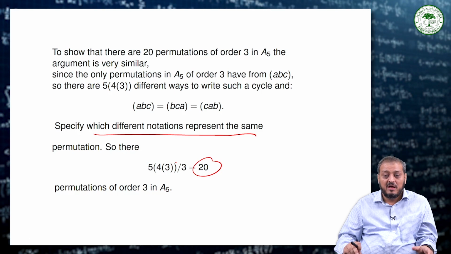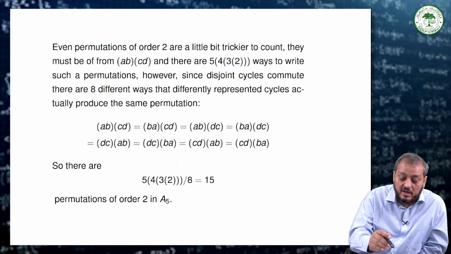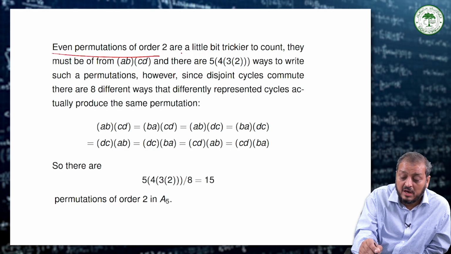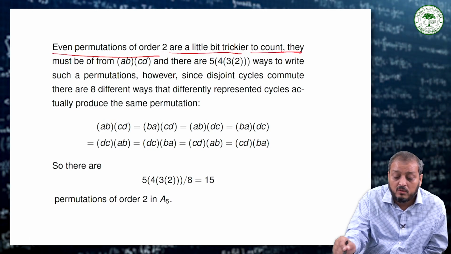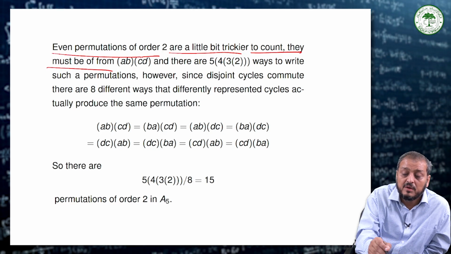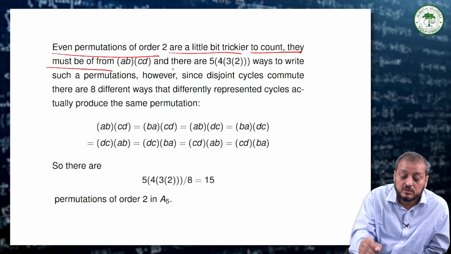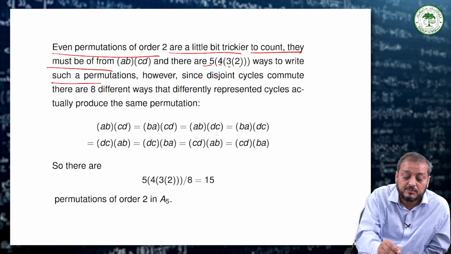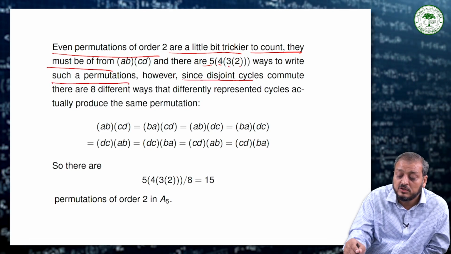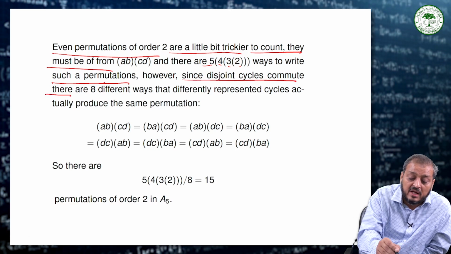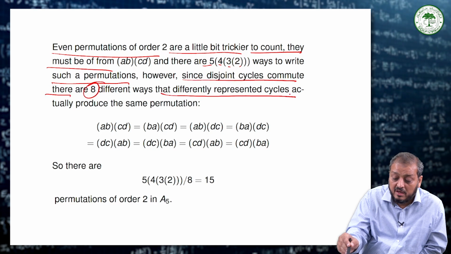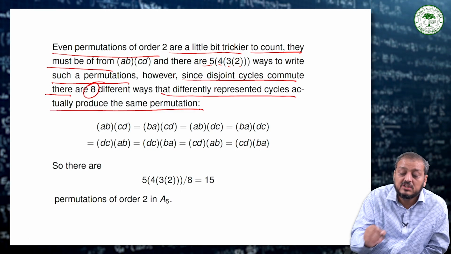Then we take the order 2. Even permutations of order 2 are a little bit trickier to count, because they must be of the form (A B)(C D), and so there are 5, 4, 3, 2 ways to write such a permutation. However, since disjoint cycles commute, there are 8 different ways to represent the cycles that produce the same permutation.